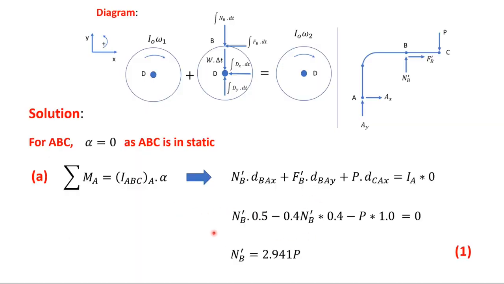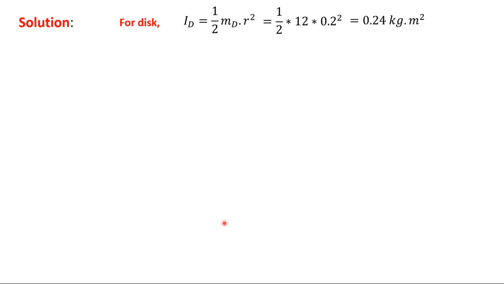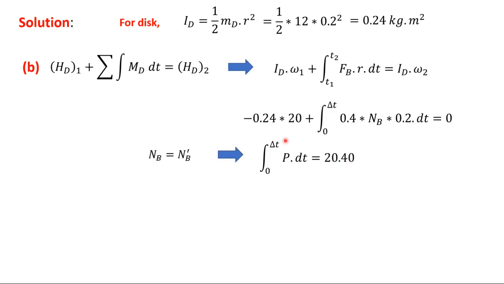So now we continue with that. We did the calculation, and we end up finding that the integration of the p dt from 0 to delta t is equal to 20.4. Now we know where we got the 20.4, right? Okay, so done. We got that.